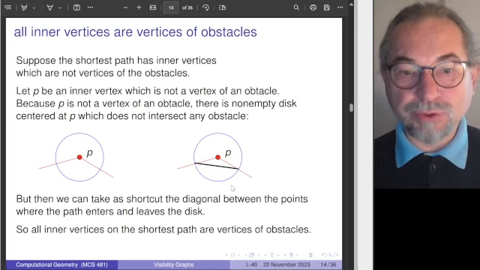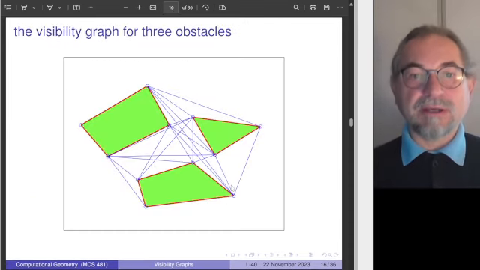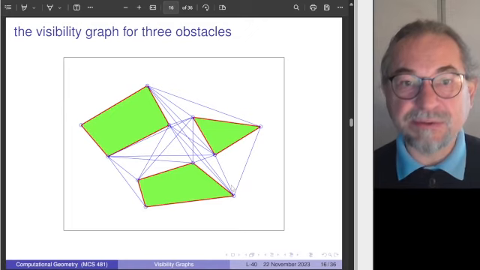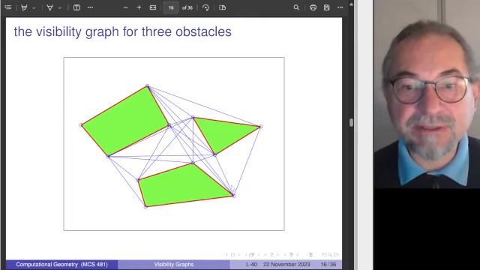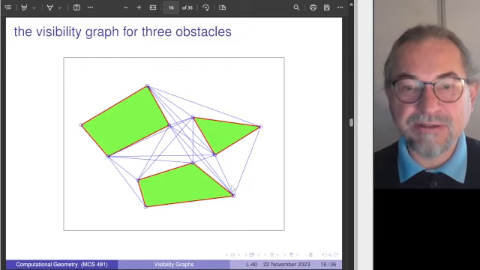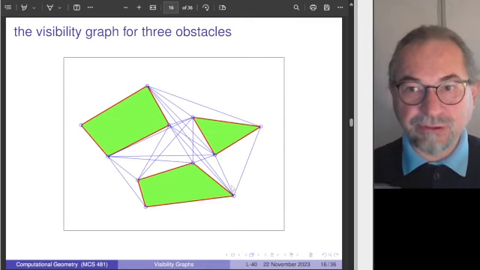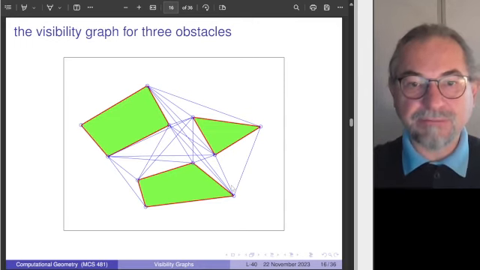So we have polygonal paths, and the inner vertices are vertices of the obstacles. Okay, so here is now the example of the visibility graph. So for every vertex, you draw an edge if, when you stand at the vertex, you can see the other vertex.